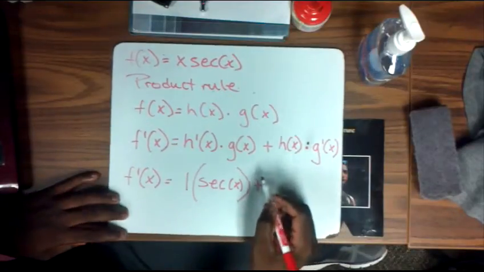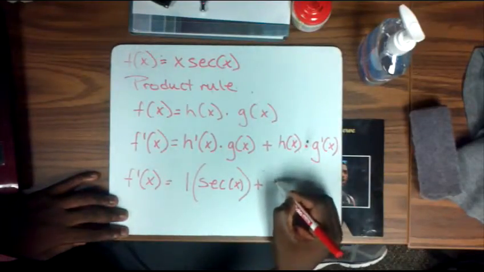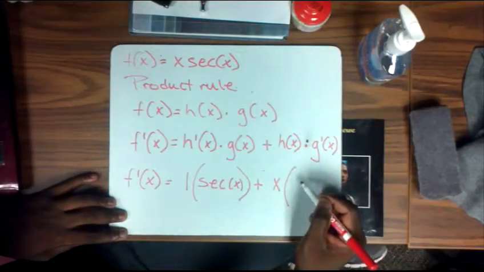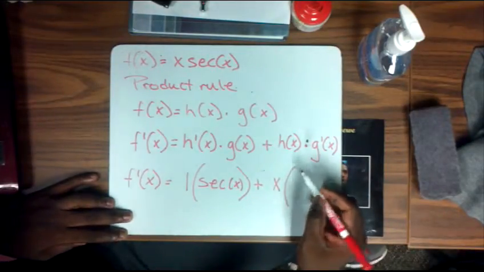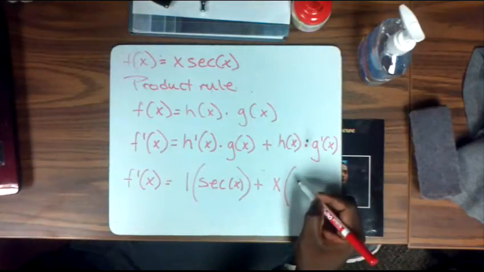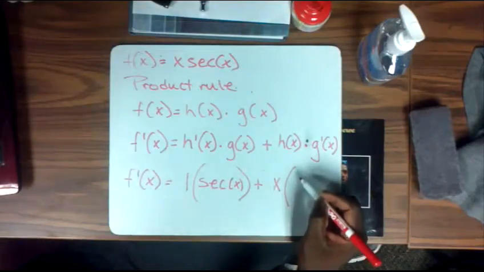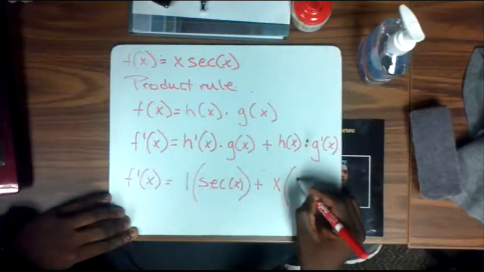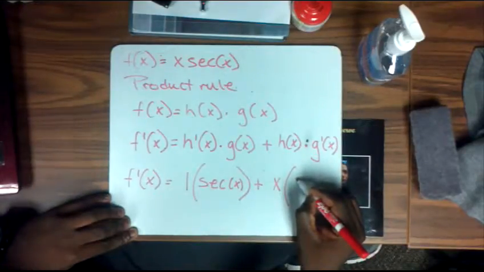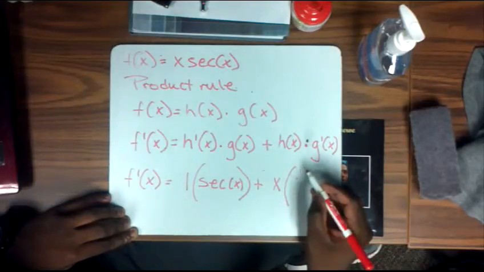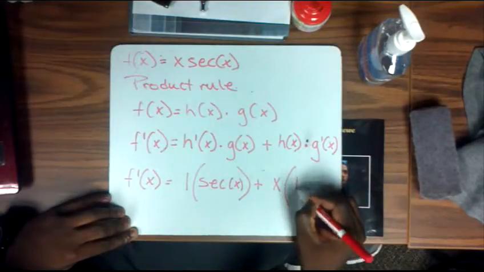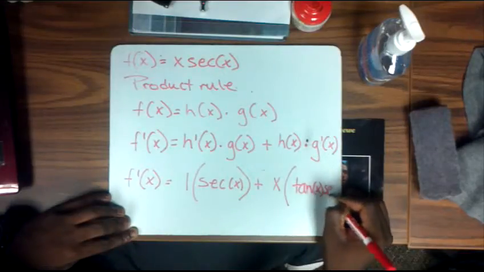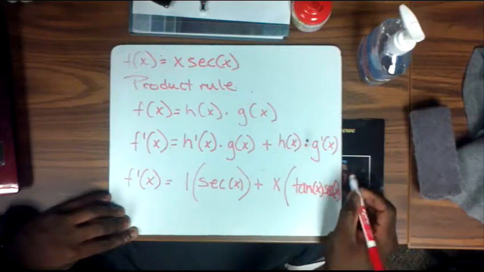Plus h of x, which is just x, multiplied by the derivative of g of x, which is equal to tangent of x times secant of x.